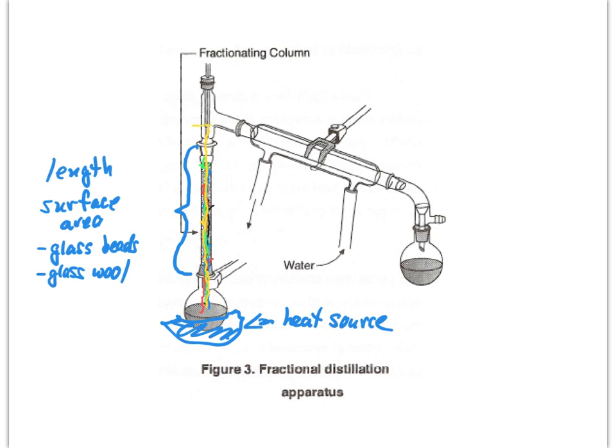Again, the thermometer bulb lined up just at the lower level of the arm. And then as those vapors come across, they're usually heavier than air, so they sink until they reach the cooled condenser, and then they run in and are collected. And again, we will use a graduated cylinder.